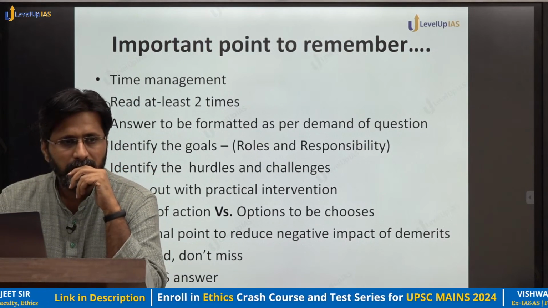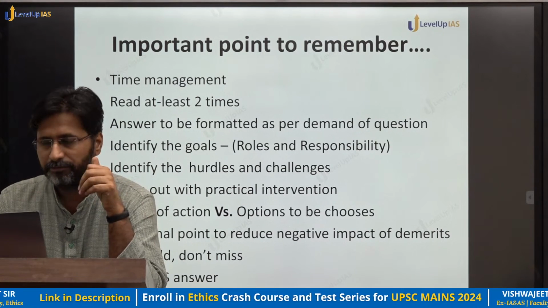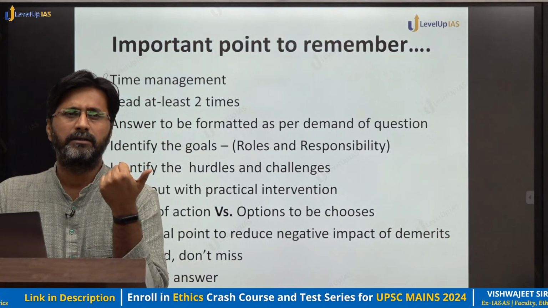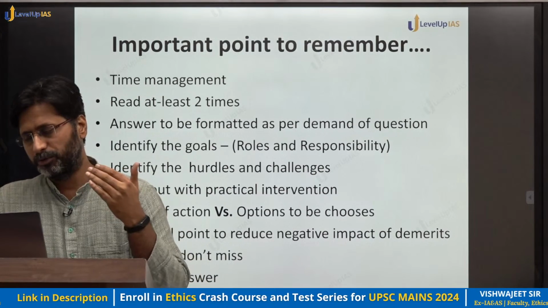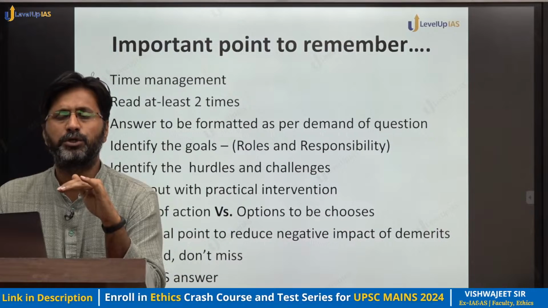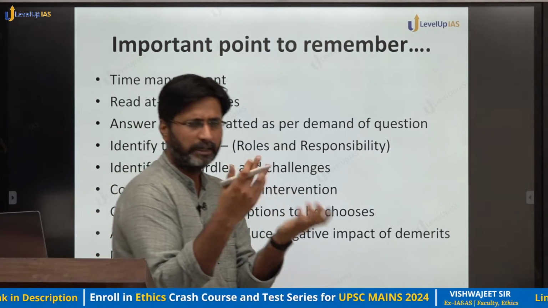Now here the question is about options. You cannot say I have an option of saving the politician, then I have an option of saving the children for that matter, or elderly.